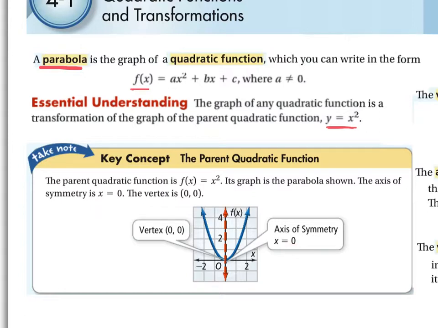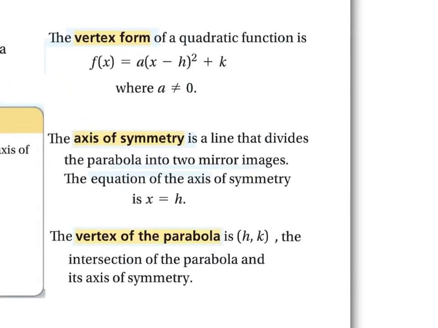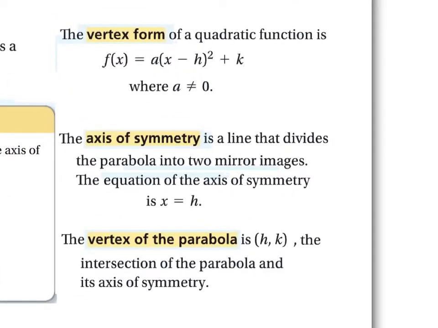So if we take a look off to the side here, we now have our equation written in a different form. It looks similar to absolute values. It looks similar to square root functions. The only difference is, rather than having this in absolute values, or rather than having this in a square root, we now have x minus h in parentheses and squared.